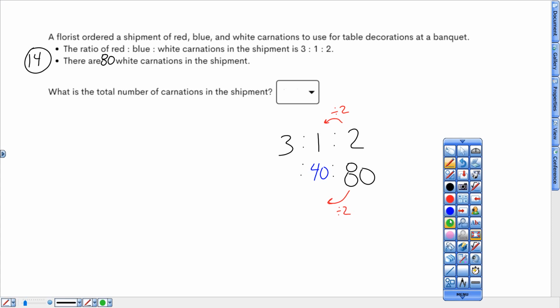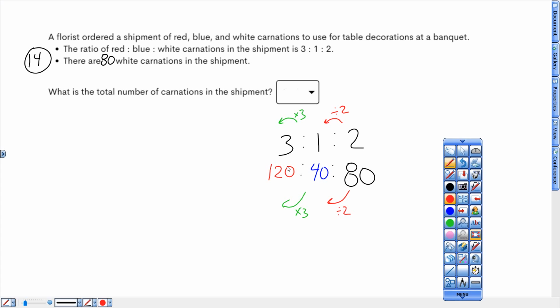And now this one I could see I'm tripling to get this number right here. And what am I tripling? This 40 right here. 40 tripled, if I could write those times 3 again. 40 tripled gives me the number of red carnations, which would be 120. That's tripled. 1 to 3. 1 times 3, 3. 40 times 3, 120. 120 divided by 3, 40.